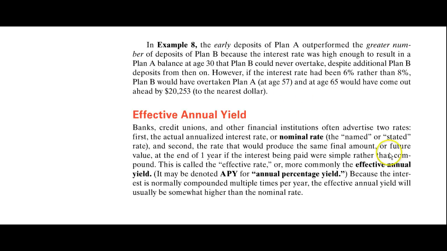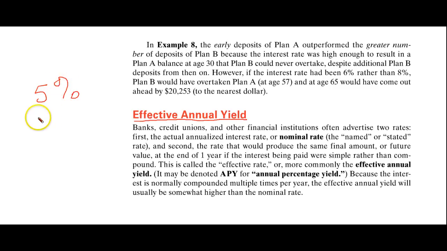So something else we often see if you deal with banks at all, and I've done it because I'm, of course, over 65, is the effective annual yield. Now, you might say you're getting 5% interest, but that's simple interest.